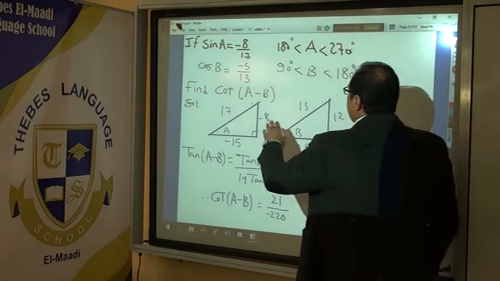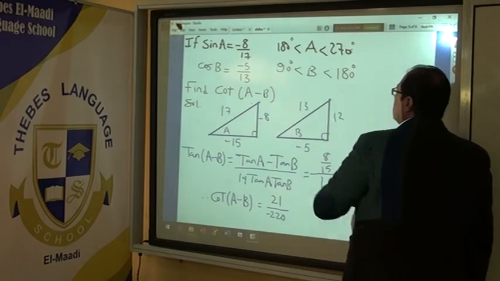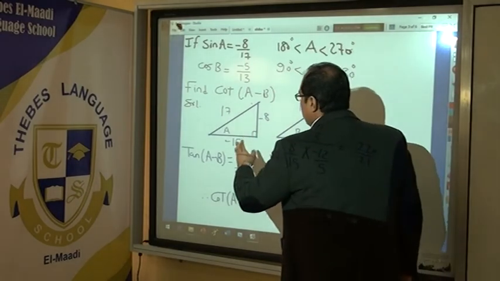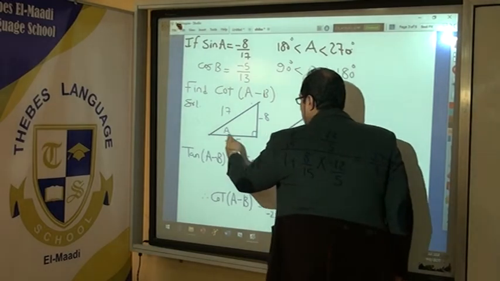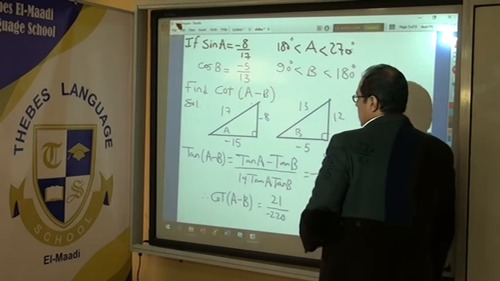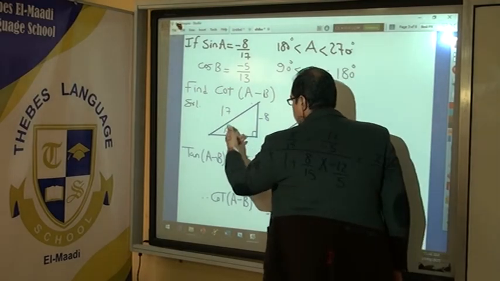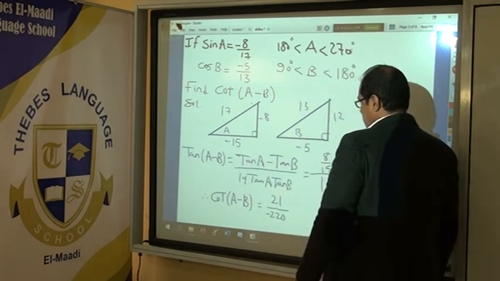Remember that angle A is more than 180 and less than 270, so it is in the third quadrant. In the third quadrant, the adjacent side will be negative, and also the opposite side will be negative. So I write the adjacent as negative 15 and the opposite side as negative 8.